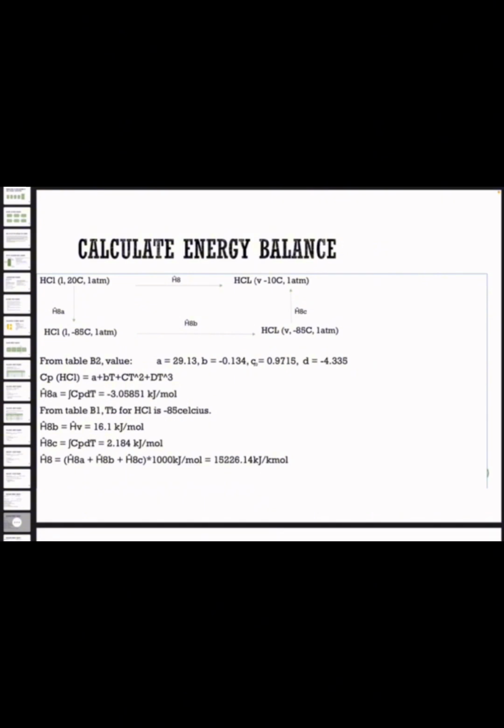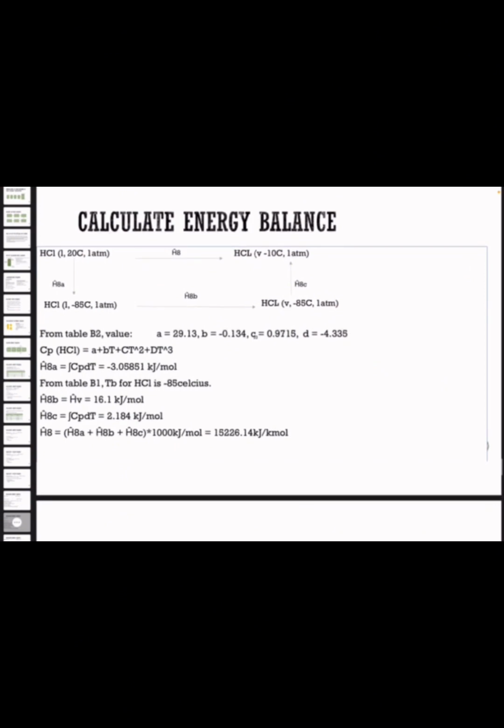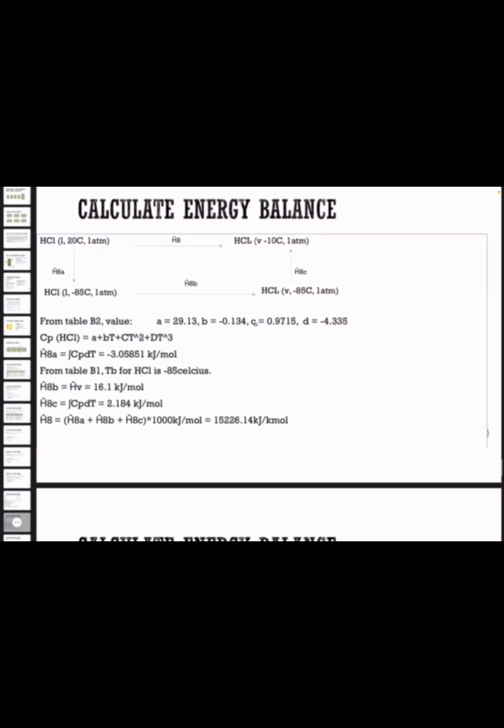The normal boiling point for HCl is minus 85 degrees C, which I get from Table B1, and the heat of vaporization Hv is 16.1 kJ per mole. Then back to different temperature, we use the CpdT. Total up the values and convert to kJ per kmol. We get the value of 15226.14.